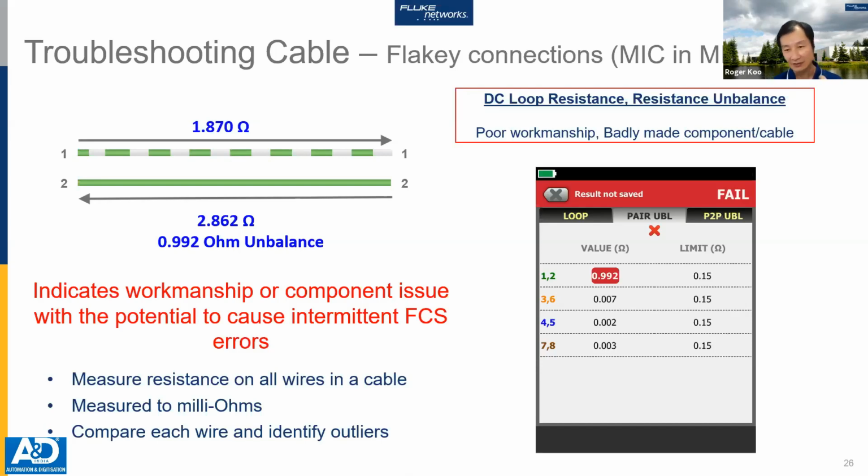Anything that travels down the line is bound to have resistance. So the tester will measure the resistance value of a twisted pair, and between the twisted pairs as well. We take all this information to try to understand: is this cable suitable for PoE use?